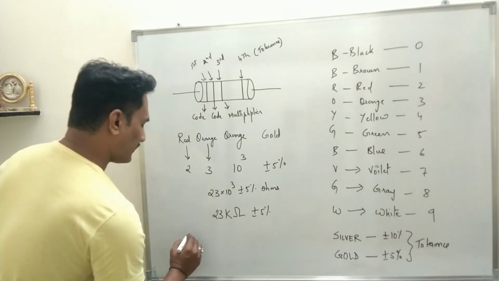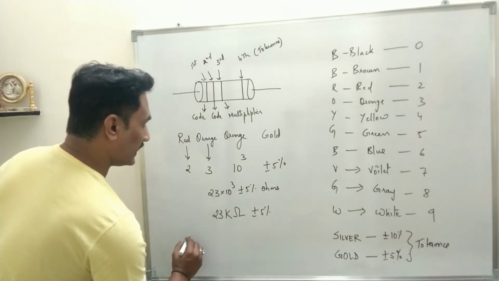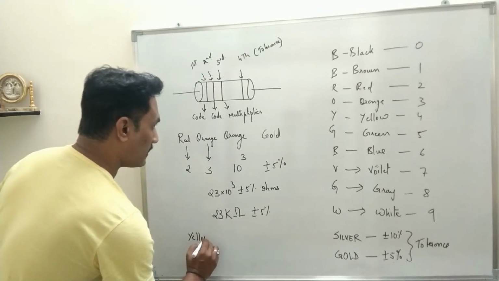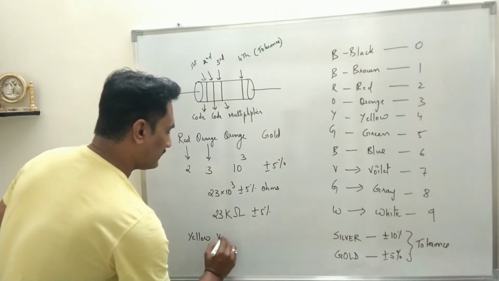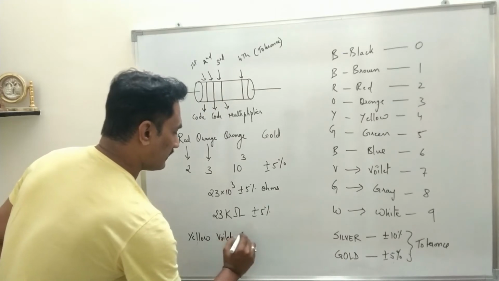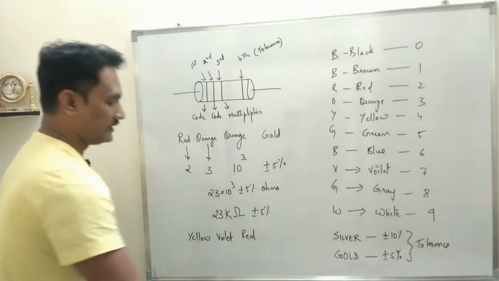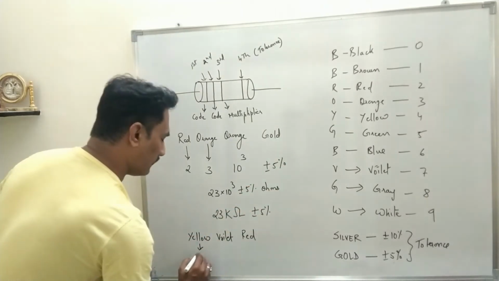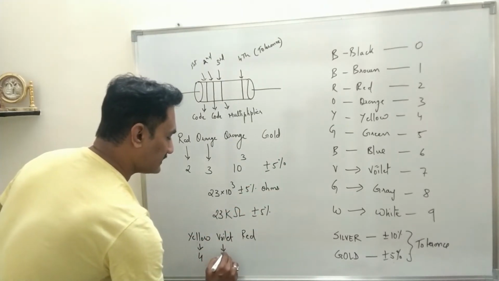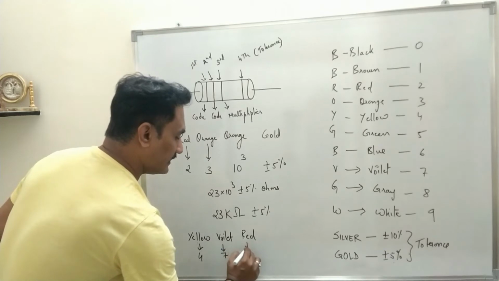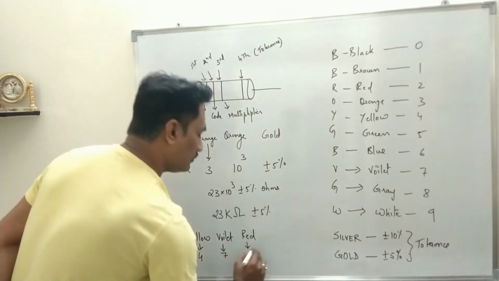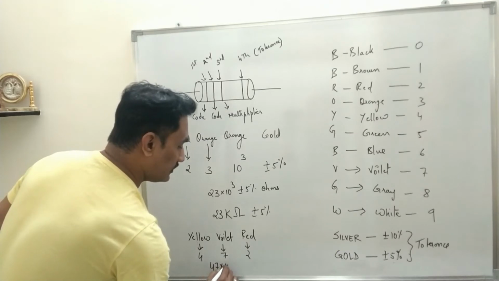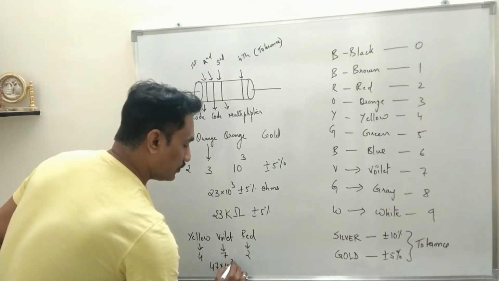Say the value is yellow, violet, red. So what is yellow? Yellow is 4, violet is 7 and red is 2. So this will be 47 into 10 to the power 2, right?